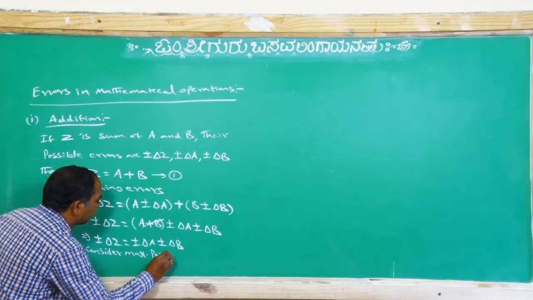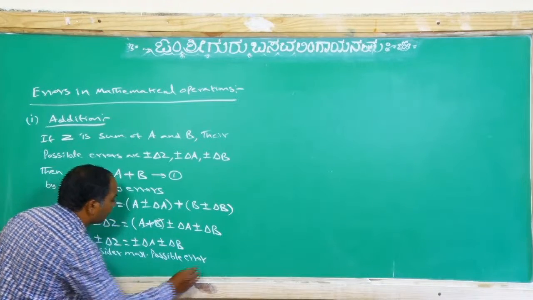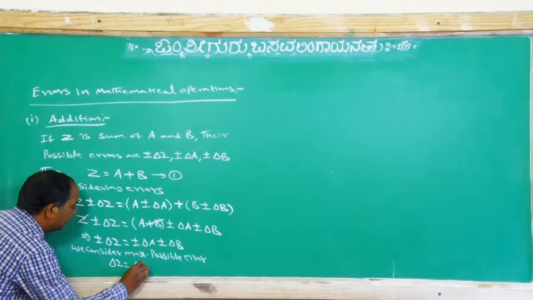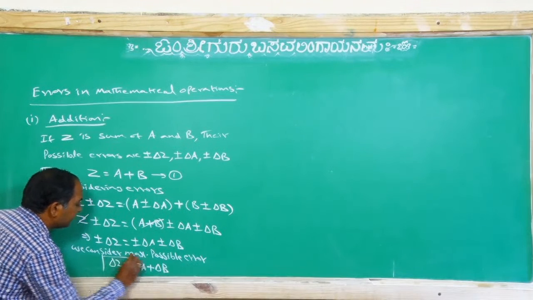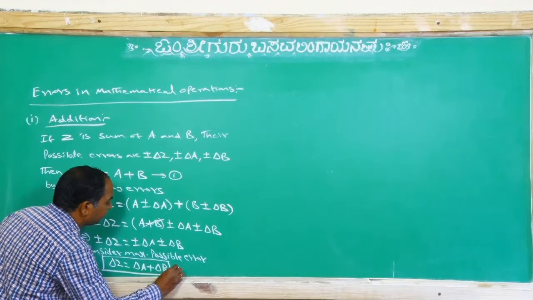Maximum possible error means we should always consider plus only. So, you may write delta Z is equal to delta A plus delta B. This is the error in addition.